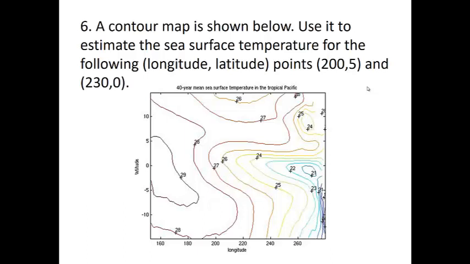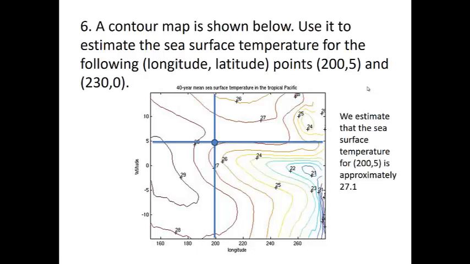So we want to find a longitude of 200, a latitude of 5, so we're looking at a point right about there, and we see that it's close to that line 27, but moving toward the 28, so just a little bit greater than 27. So we would estimate that the sea surface temperature for 205 is approximately, say, 27.1.